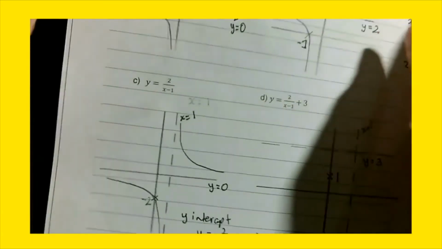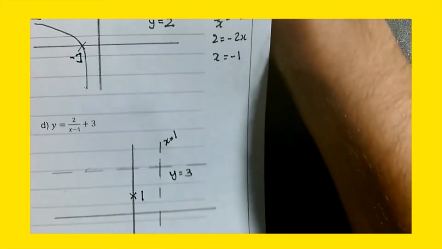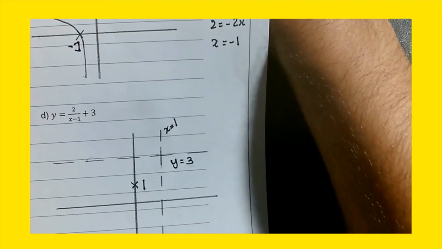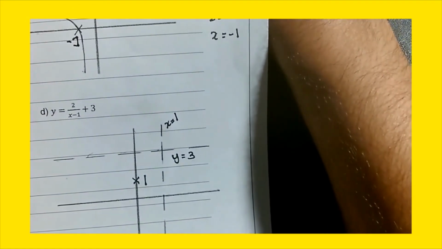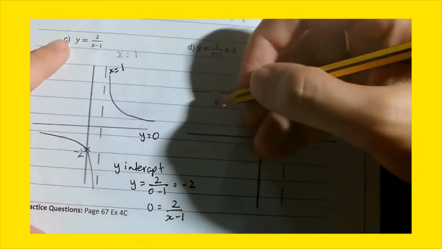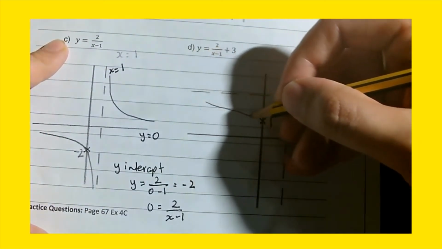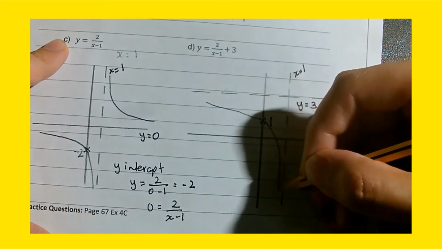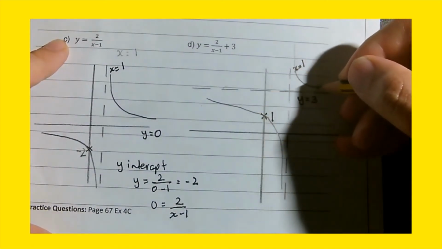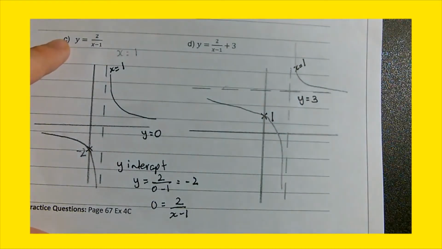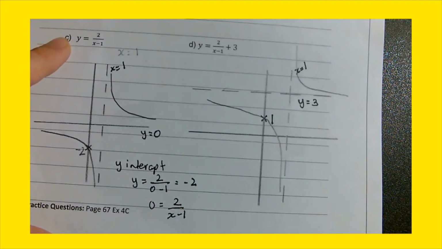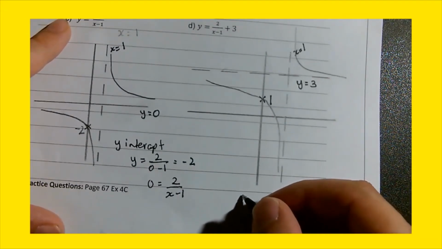When it shifts up, we've got to take into consideration if there are any other intercepts that we need to think about. So it shifts up. And obviously we've got this section here which looks like that. So is it possible to find that x-intercept? Well, let's have a look. Let's make y equal to 0.